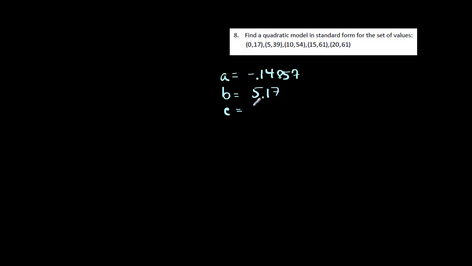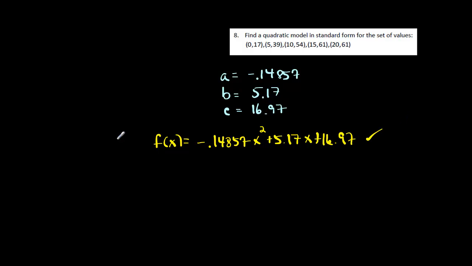C was 16.97. So write this out as a function. f of x equals negative 0.14857x squared plus 5.17x plus 16.97. And you're done.